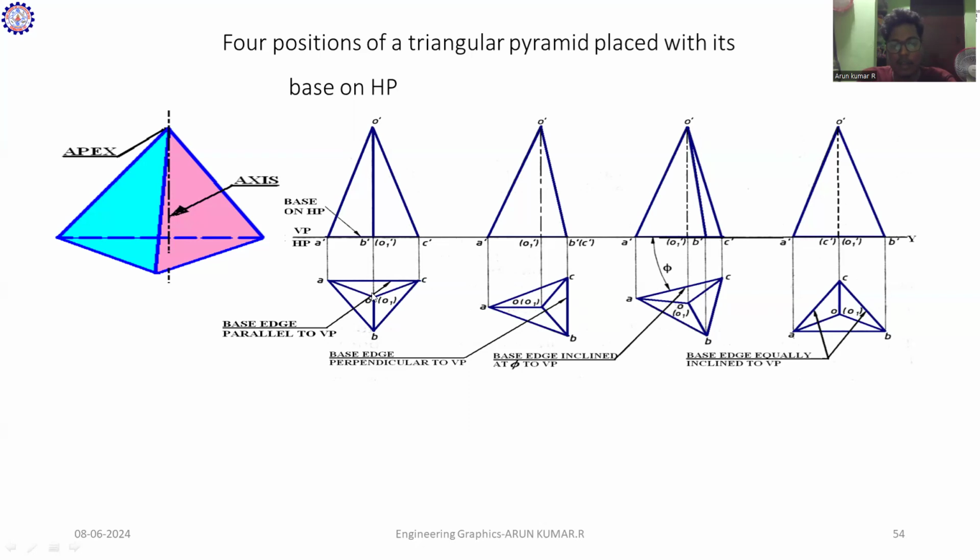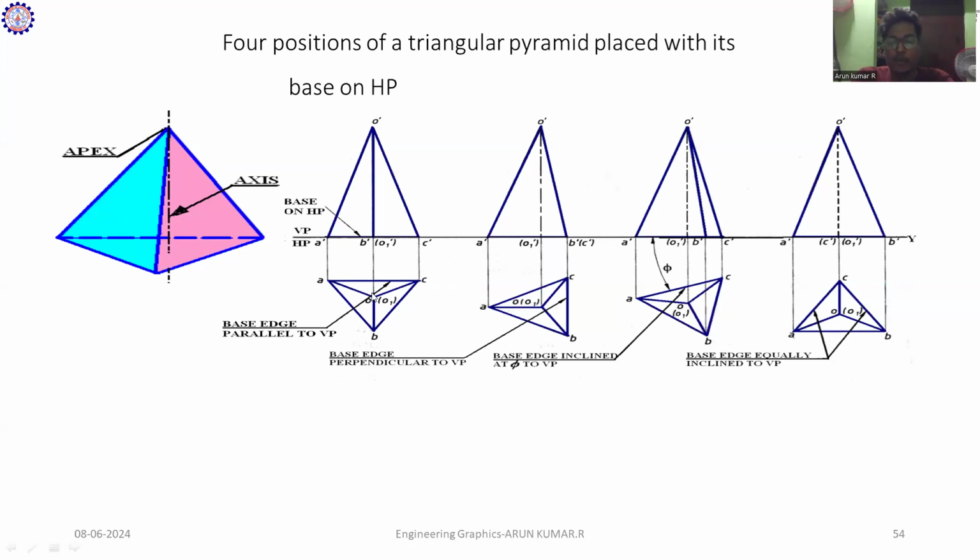Let us assume 60 mm. B dash is the center of the base, where B dash and O meet at one point. So from B dash I draw a 60 mm line and mark it as O dash. Then join O dash with A dash and O dash with C dash. This is the front view of the given solid when the base edge is parallel to VP.